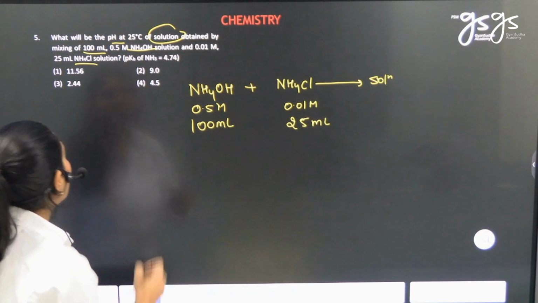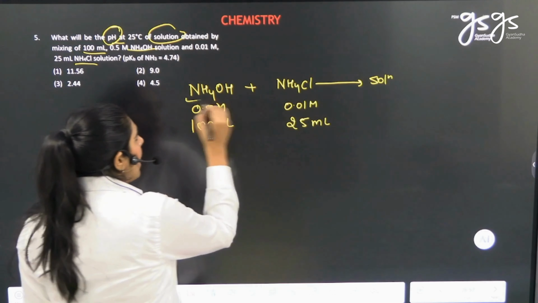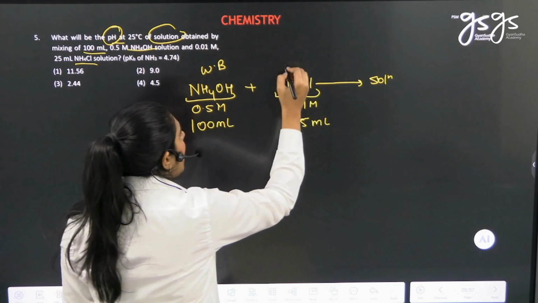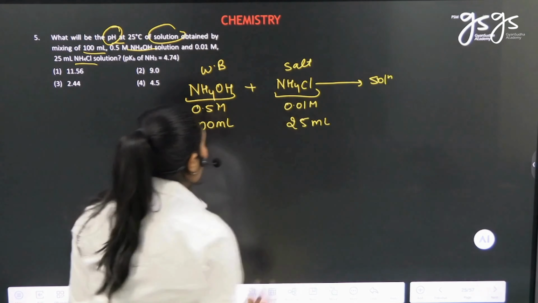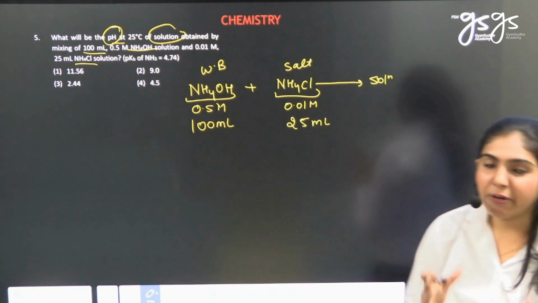Now we have to calculate the pH. We know that ammonium hydroxide is a weak base and ammonium chloride is our salt. When a weak base and its salt combine, they make a basic buffer solution.